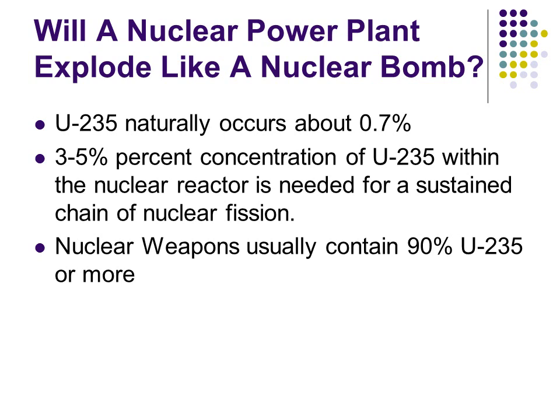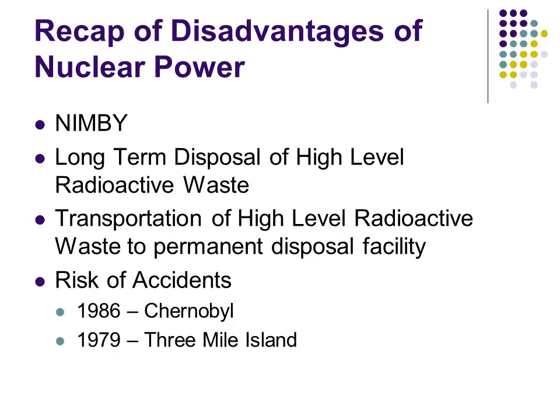That's our concern with Iran. That's why we, and the UN, want to inspect their nuclear facilities to make sure they're not enriching beyond 3 to 5%. This is also why a nuclear power plant cannot explode like a nuclear bomb, because a nuclear power plant does not have a high enough concentration of uranium-235.